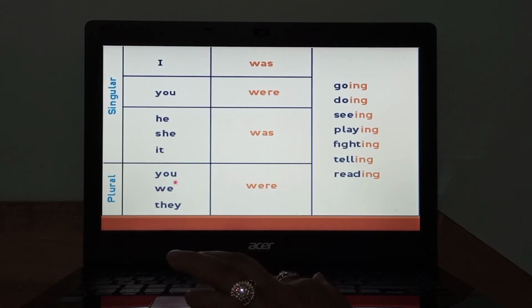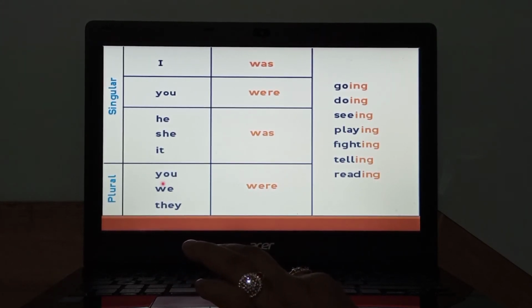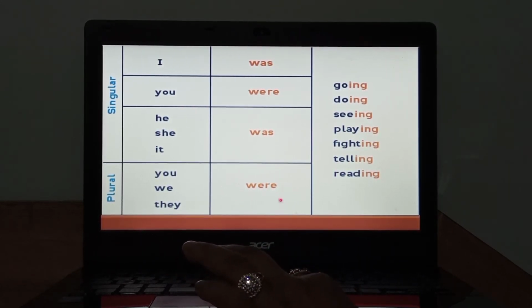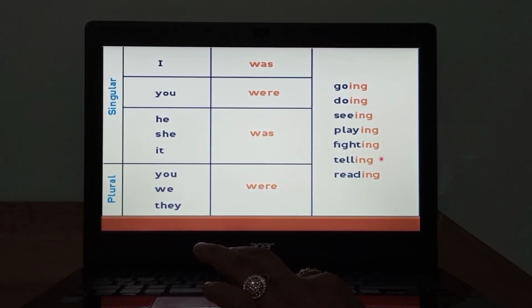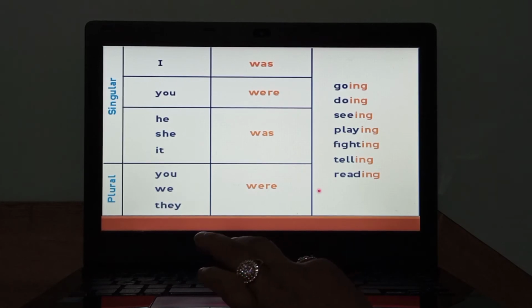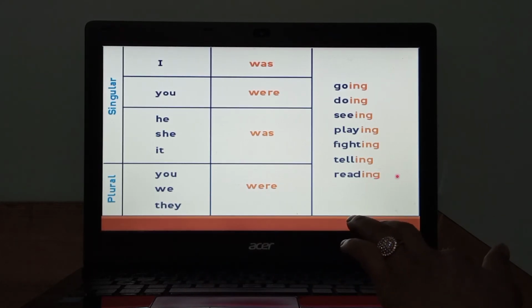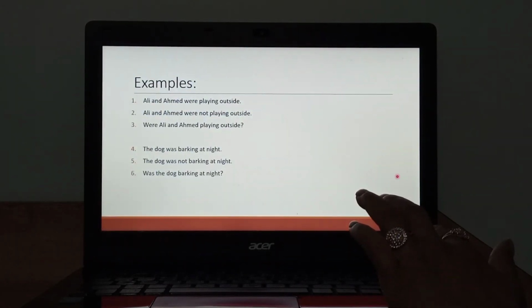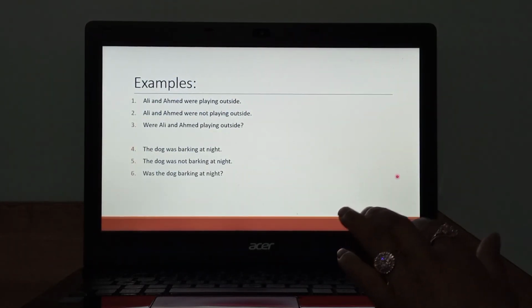Let's move towards the plural form. You were fighting. We were telling something, and they were reading a story book. Look at these examples.